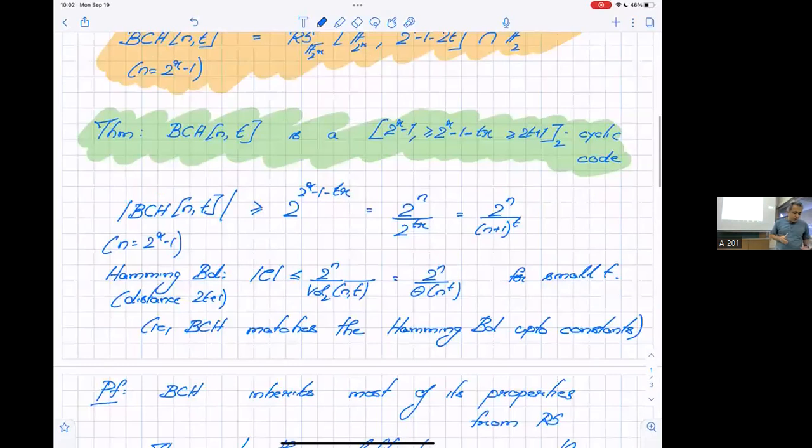So how does one show that this is the case? If you're thinking of a code and you want to show this, what does that mean? You have to show that the code is defined by tr constraints. These constraints are not necessarily linearly independent, but if you can show the code is defined by tr constraints, then certainly the dimension of the code is at least the global dimension minus tr, because each constraint can only reduce the size of the code.